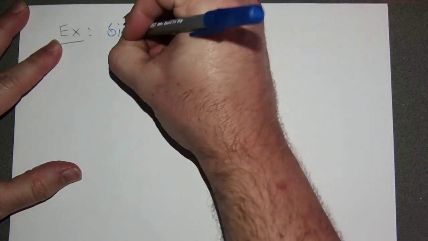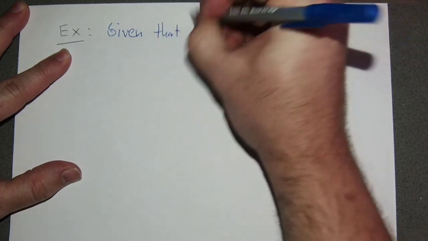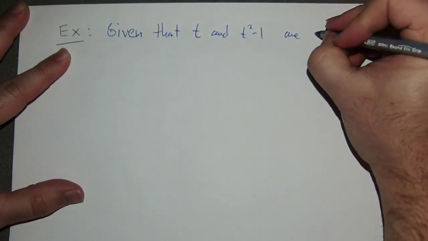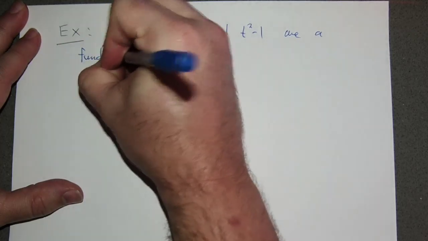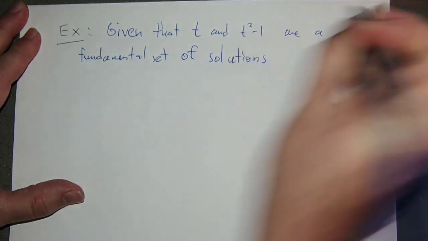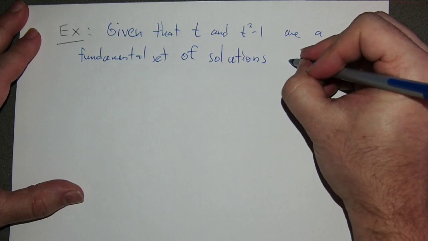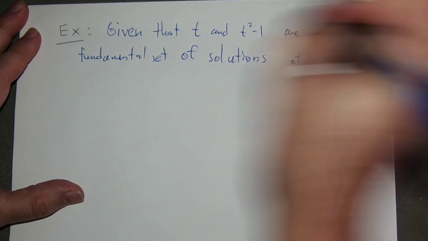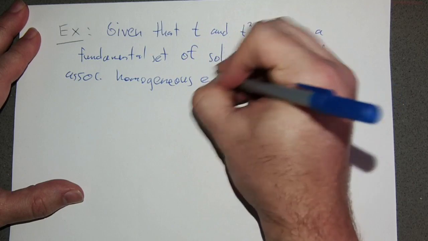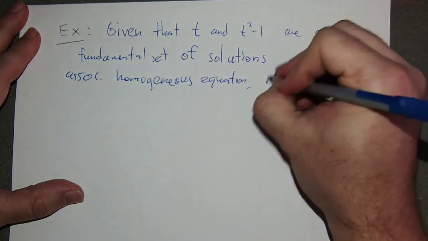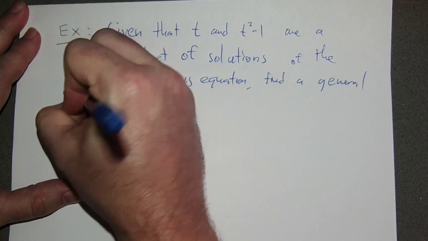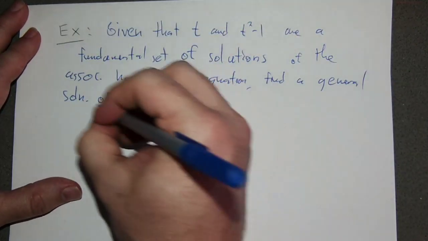Given, this is okay. Given that t and t squared minus 1 are a fundamental set of solutions of the associated homogeneous equation, find a general solution of the following equation.